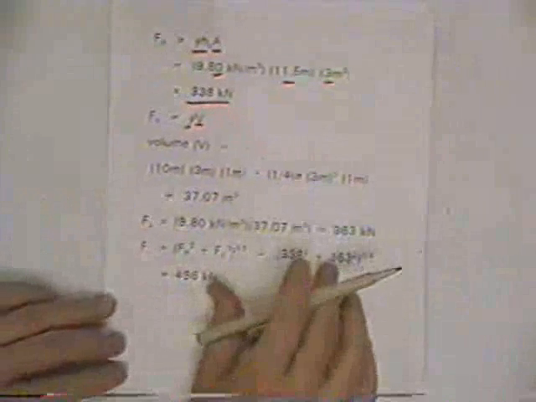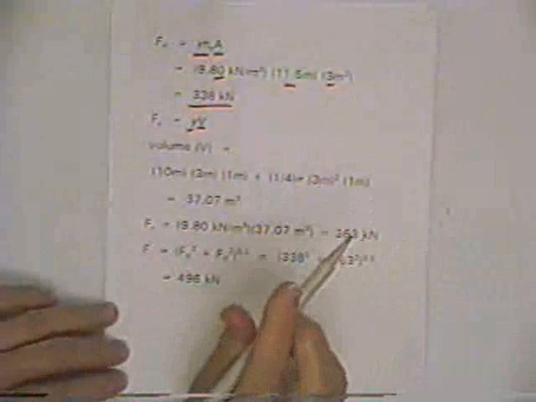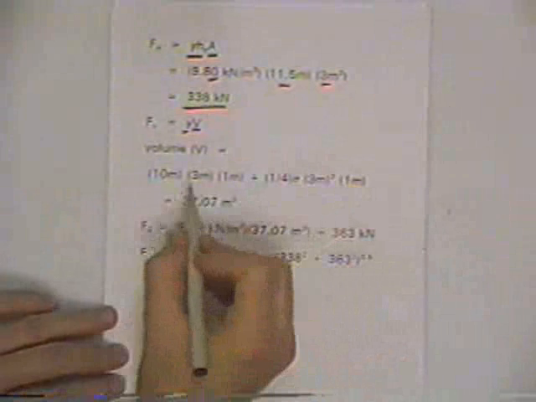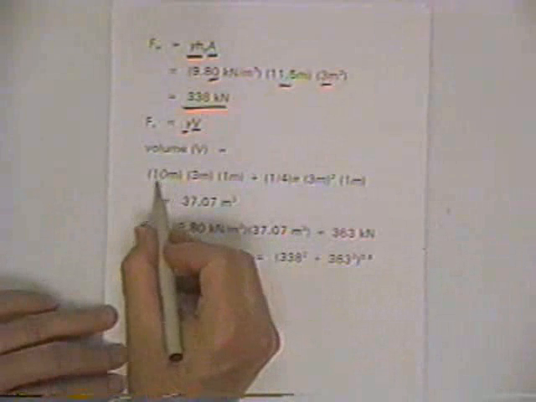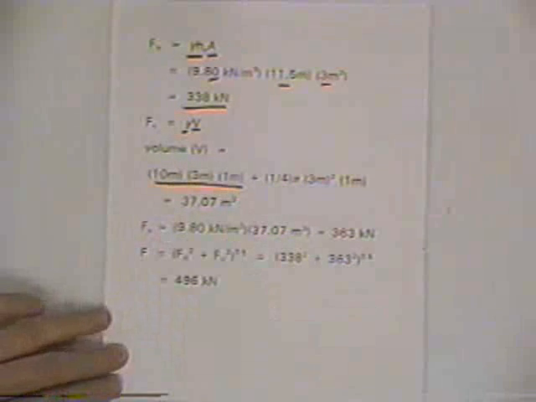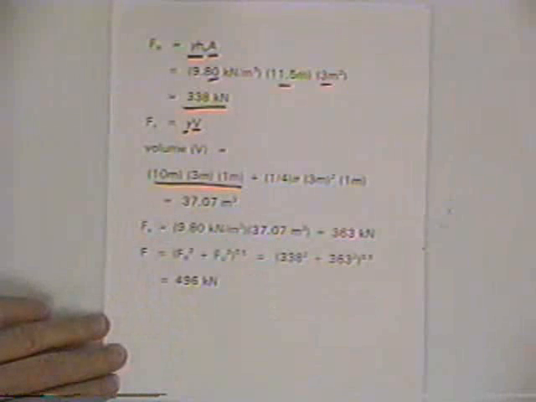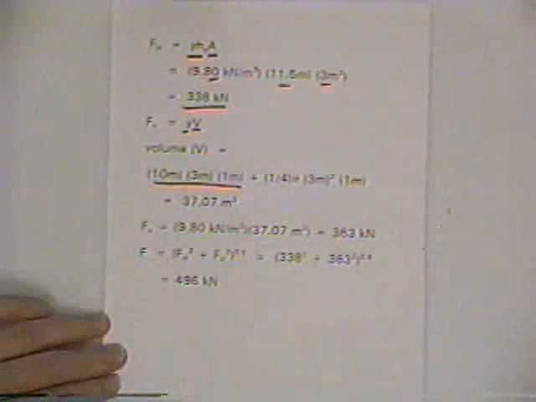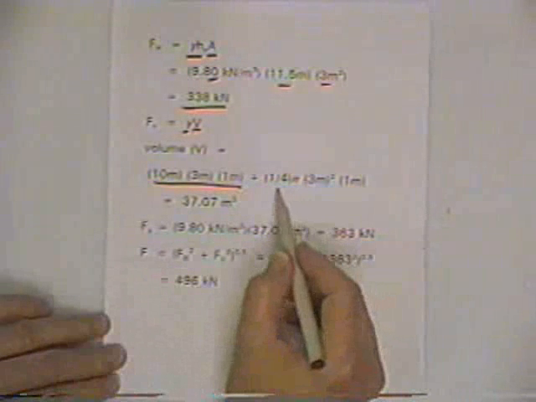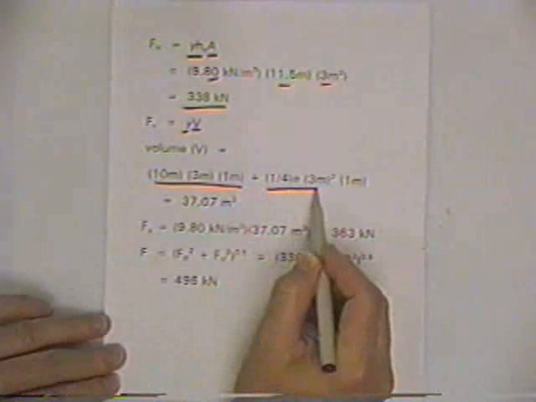We're really into geometry here. This is more geometry than fluids, but so the volume of the top area is the 10 meter depth, 3 meter width, and then a meter coming out of the paper, and then the circular portion of it, 1/4.